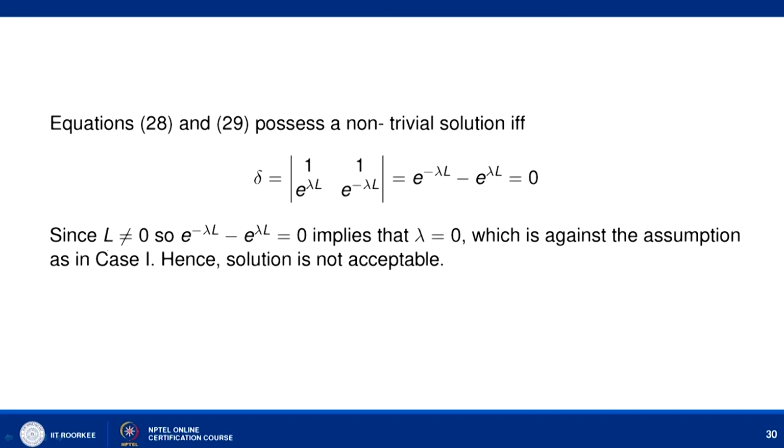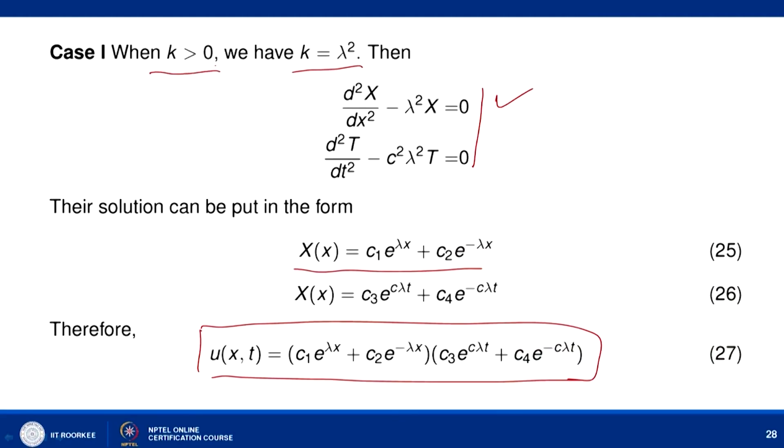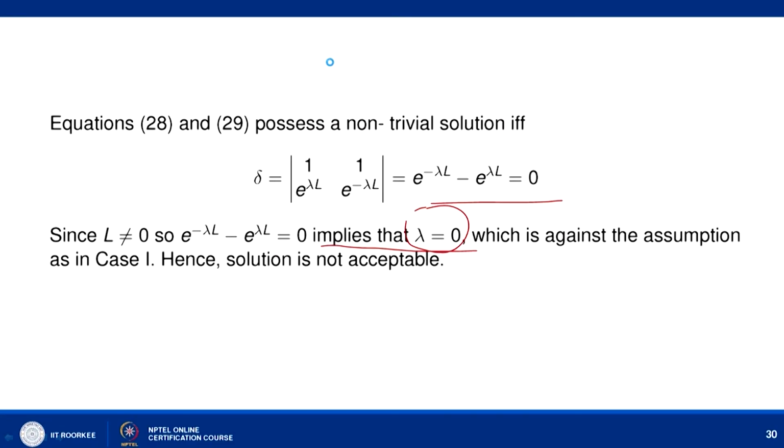Since this value is non-zero, it implies that λ has to be 0. So this determinant has to have value 0 provided your λ is equal to 0, but λ we have assumed is non-zero, because here we have assumed that k is greater than 0. So it means that λ cannot be 0, but this determinant is having 0 value when λ is equal to 0.